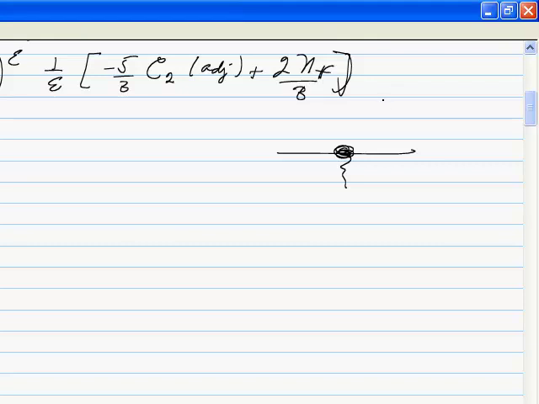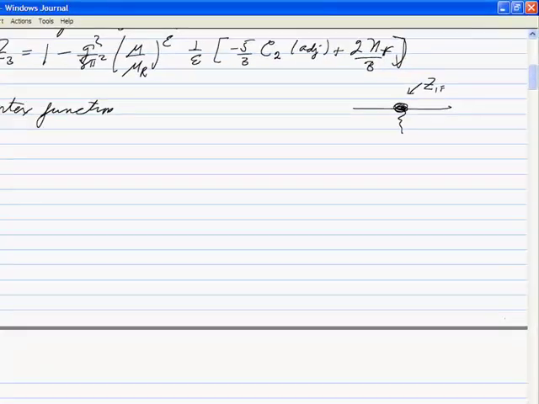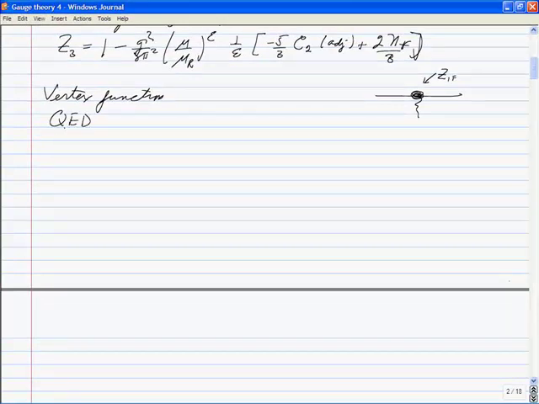Remember, this goes into the renormalization constant Z1 for a fermion. And in QED, we had e renormalized is Z1 to the minus 1, Z2 to the plus 1, Z3 to the 1/2, e0.